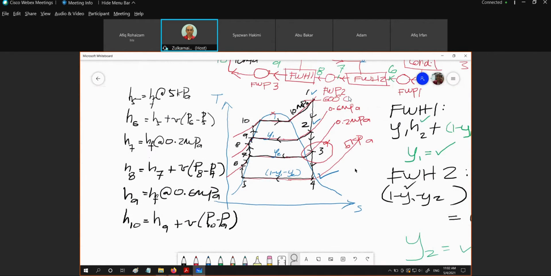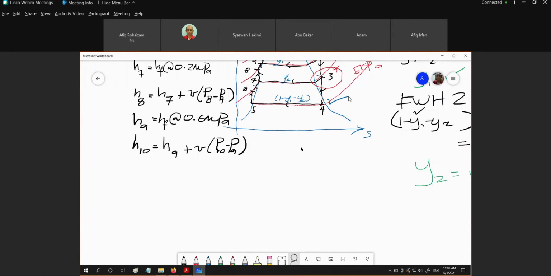Yesterday we looked at the open-type feedwater heater, and given right here is the P1, T1, and then we can get the H1 at 10 megapascal, 600 degrees C. So H1 is 3625.8 kilojoule over kilogram.